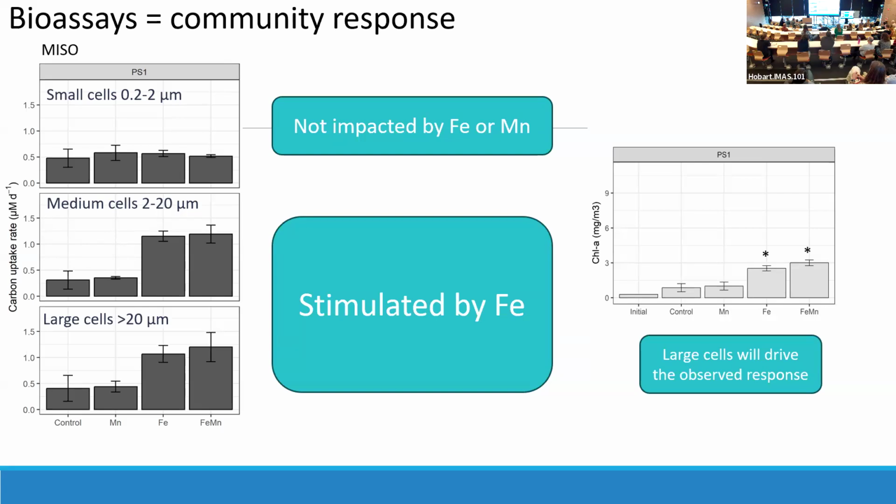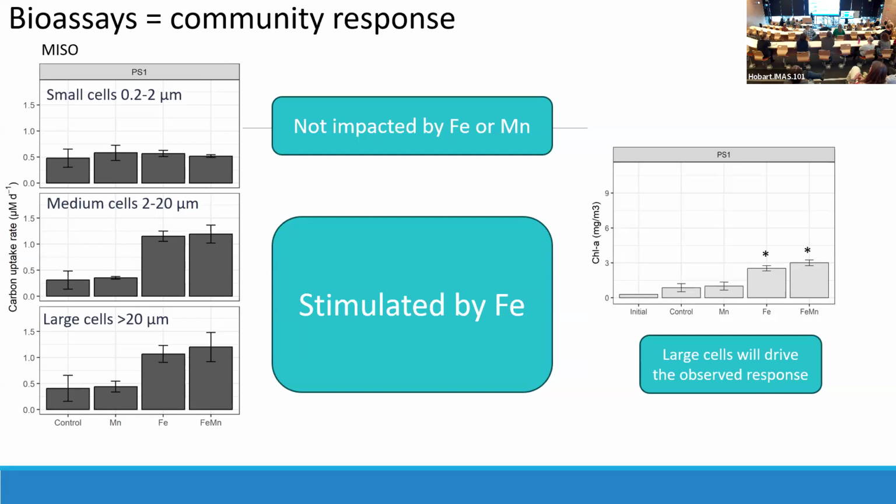And if you remember this slide of my carbon uptake, this was from MISO, process station 1. You could see that when we separated the different size classes, we were actually able to see a difference between the small size class compared to the other size classes. These two appeared iron limited, while the top one didn't have any change with iron addition.